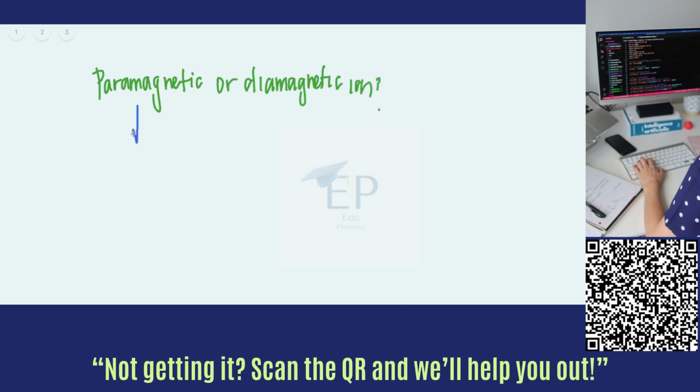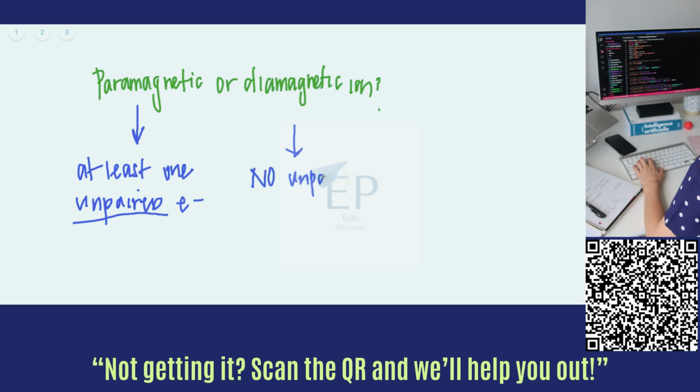So paramagnetic ions have at least one unpaired, keyword unpaired, electron. Okay, whereas diamagnetic have no unpaired electrons. Okay. So what do we have here?